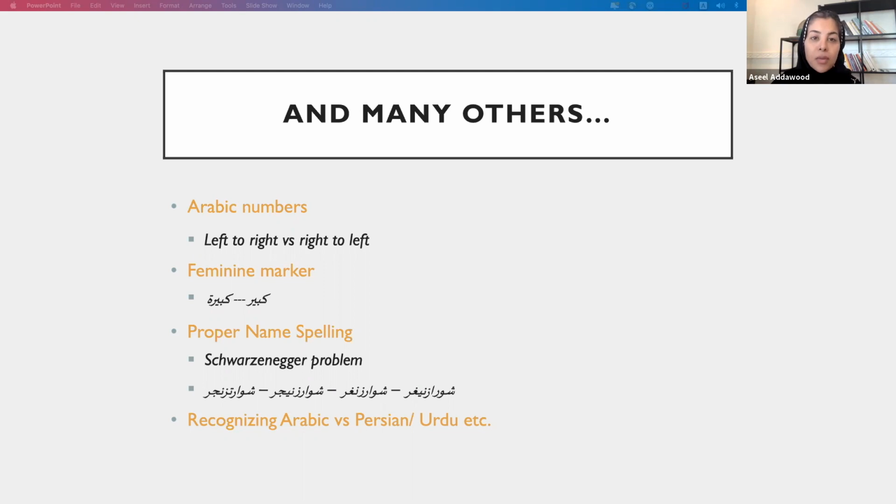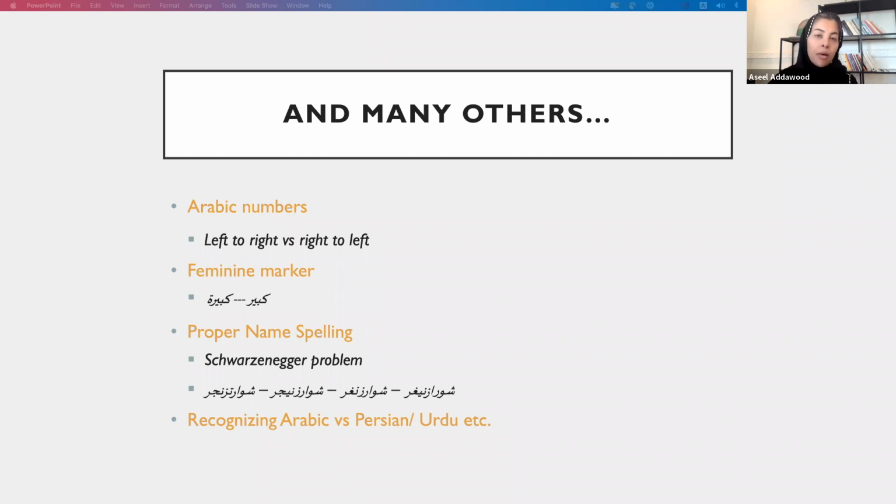Another thing is the feminine marker. In Arabic, we have a feminine marker when I describe an object. For example, big describes both male and female, for example, big book. In Arabic, it's different.